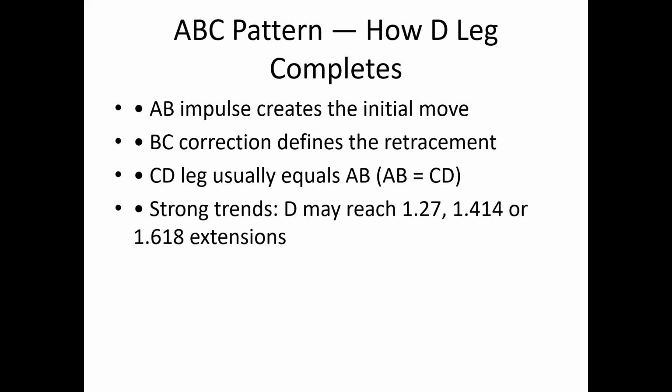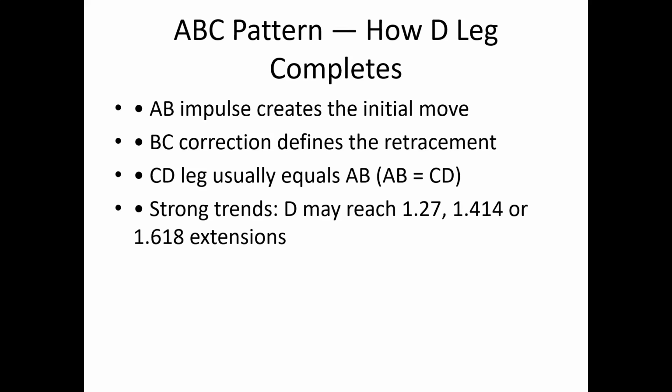C correction is like a change of character, with retracement making a higher low. And the CD leg usually equals AB, that is AB equals CD, the measured move from AB to CD.